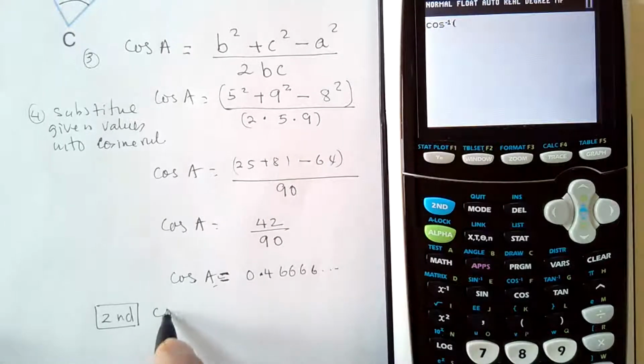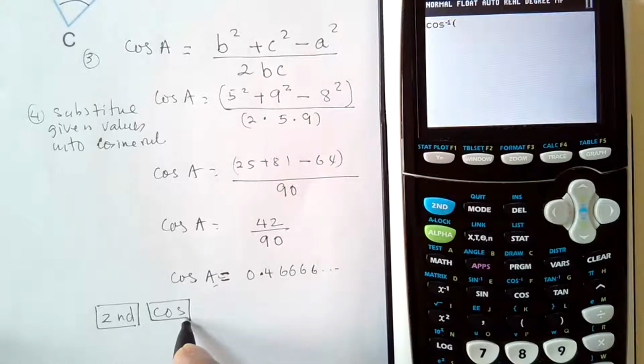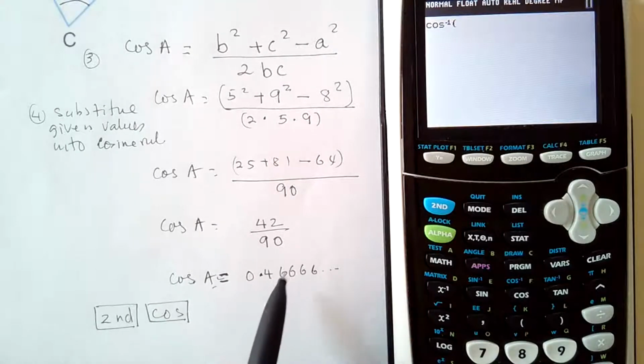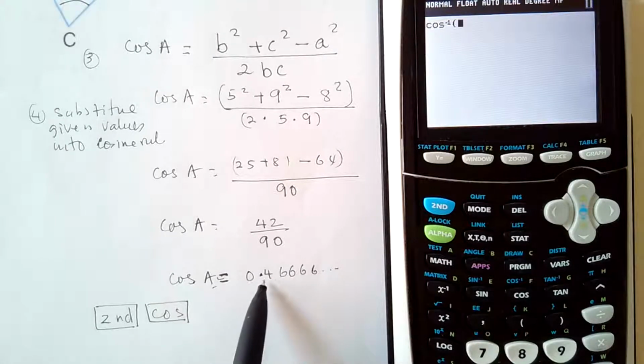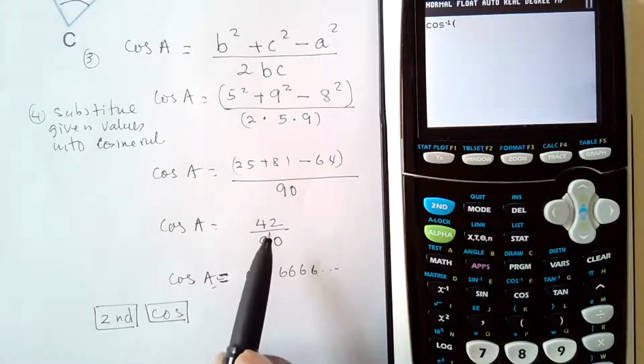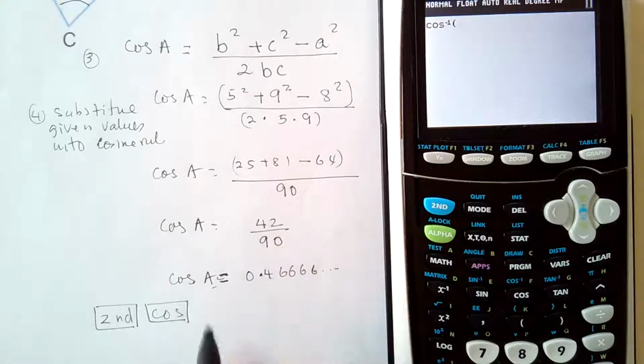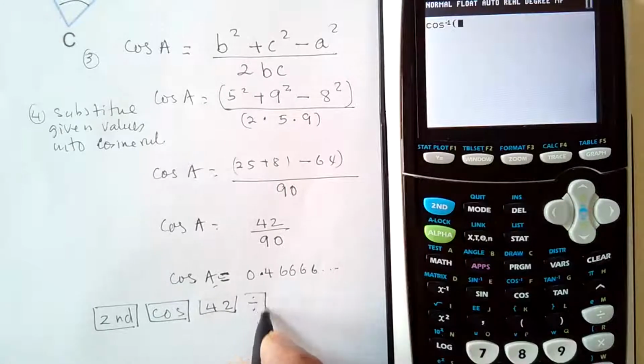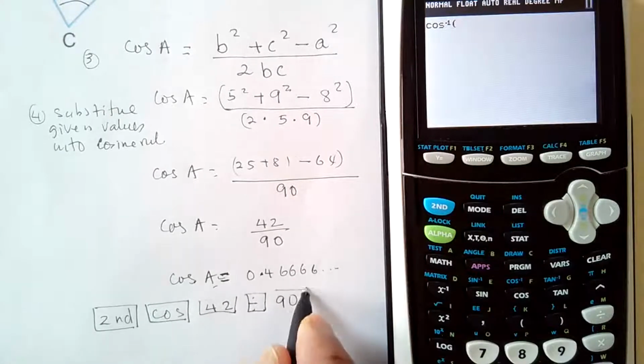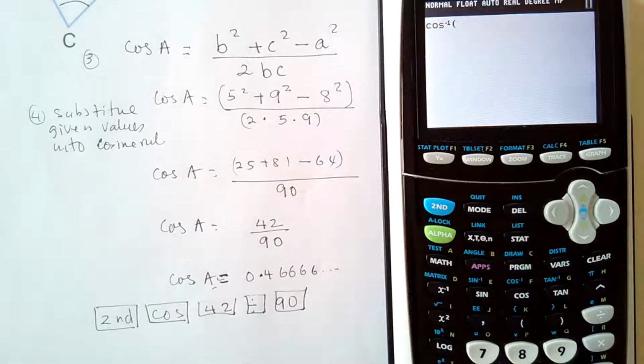Press cos. Now, you can go straight into 0.4666, or you can enter 42 divided by 90, which I'll do. 42 divided by 90, close bracket.